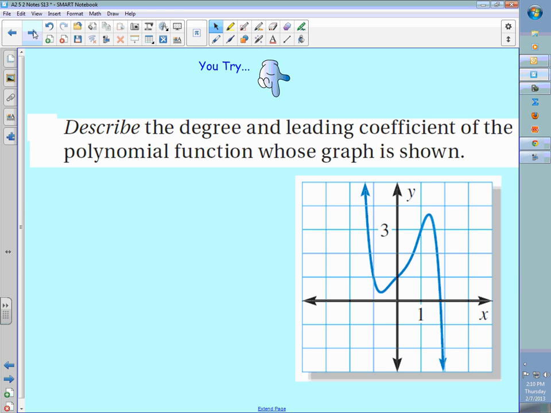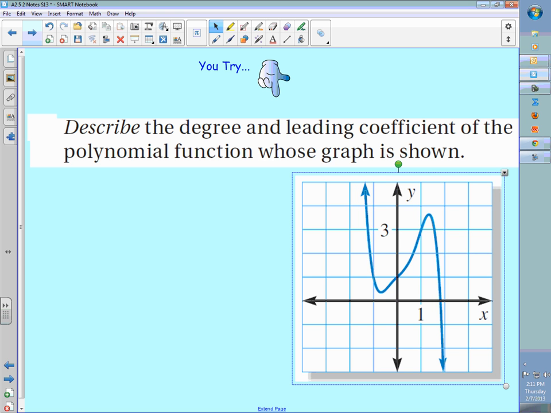So if you're in different directions, you're odd. Touchdown or both down, that's even. Then you look at it from left to right, think about this as slope. So we're going down from left to right, that's a negative leading coefficient. Okay? If they were both up, touchdown, that's positive. Even positive. If they're both down, like a frown, both negative. So that's even negative.